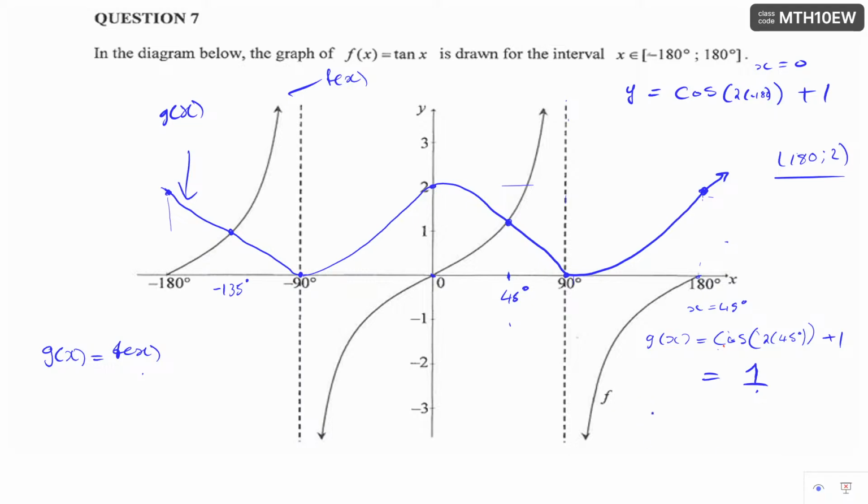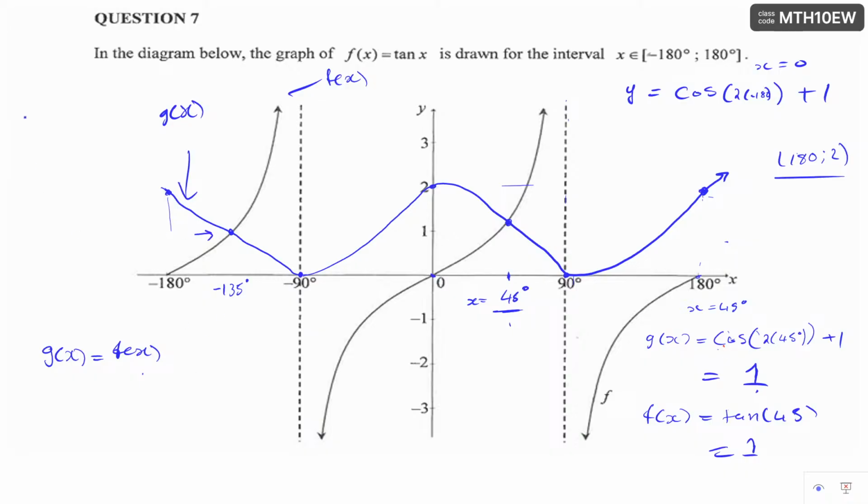So let me check for f of x where x is equal to 45. So tan 45 is equal to what? Let me check again. Tan 45 is equal to 1. So meaning this coordinate here is x equal to 45 degrees. So let me check this one also. So it's tan negative 135. So it's 1.